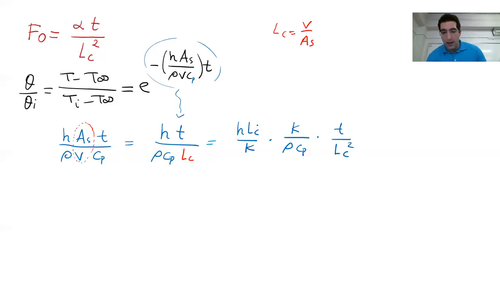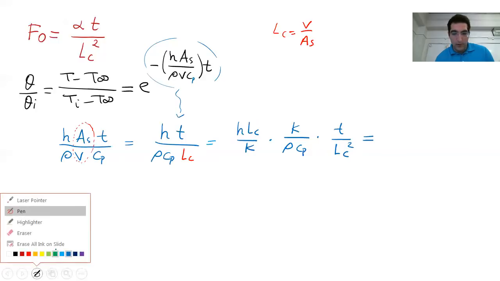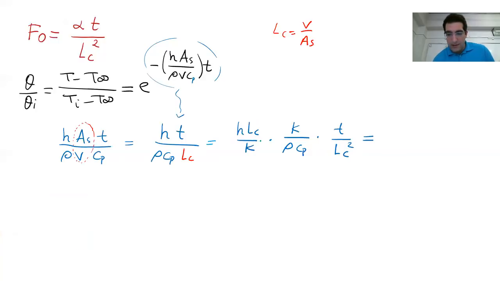Because I added one Lc here, so one Lc should cancel out the other one, and I have another Lc here, so this becomes Lc. So let's double check, make sure we are right. If I cancel out this Lc with one of the Lc, I should have h times t, which I have, divided by rho Cp times one Lc.